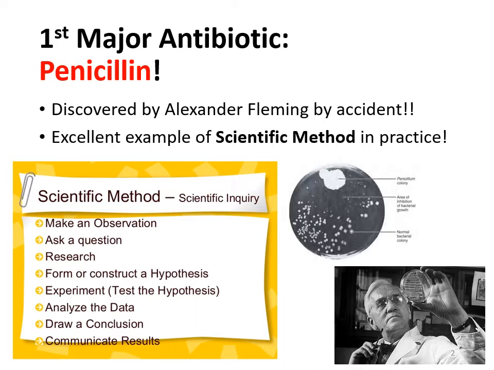Once you have this data, you then want to analyze it and interpret what it actually means. And that's when you draw your conclusions from it. So the conclusions would be that the fungi were indeed secreting some sort of chemicals that were inhibiting the bacteria or killing them off, and that the hypothesis was likely correct.